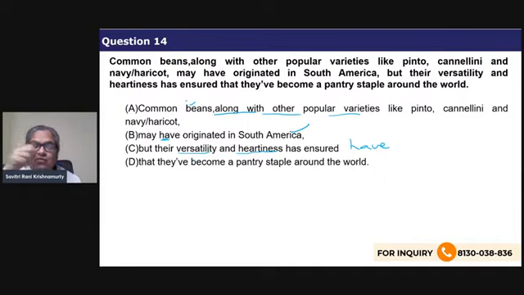Therefore, have, you have to put, not has. These are two qualities. You can have two ideas treated as one when they are clubbed together, like we'll say, bread and milk is the popular diet of somebody. That way you can say it. But here, versatility and heartiness are two different qualities.